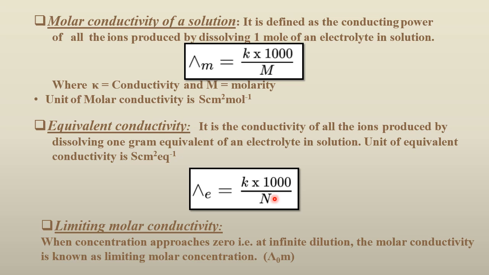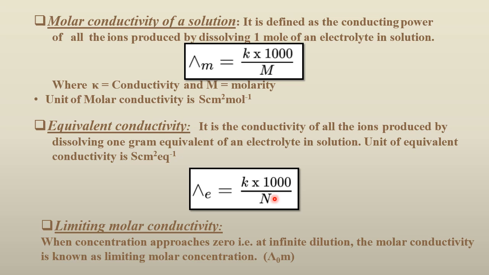Now here is the limiting molar conductivity, when the concentration approaches zero at infinite dilution. Whose concentration? The concentration of the electrolyte that we are talking about. When the concentration approaches zero, that is at infinite dilution. Infinite dilution means you made a 1 molar solution or a 1 normal solution, then you kept diluting it, right?